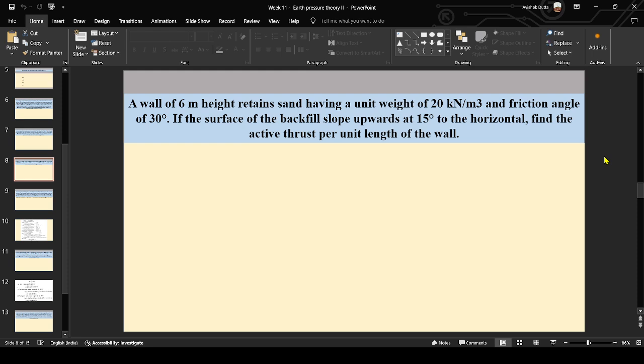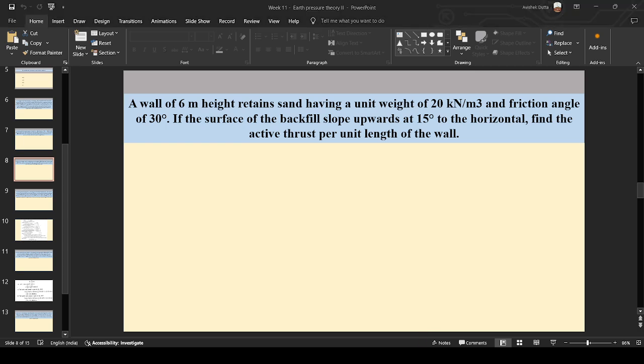A wall of 6-meter height retains sand having a unit weight of 20 kilonewton per meter cube and friction angle of 30 degree.